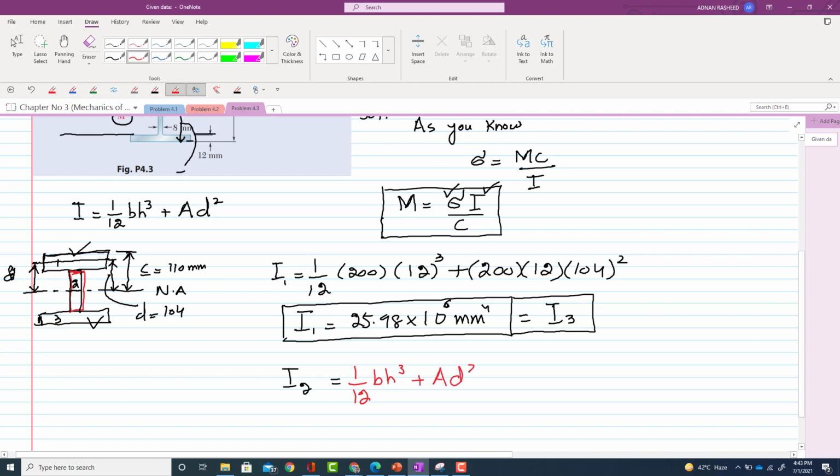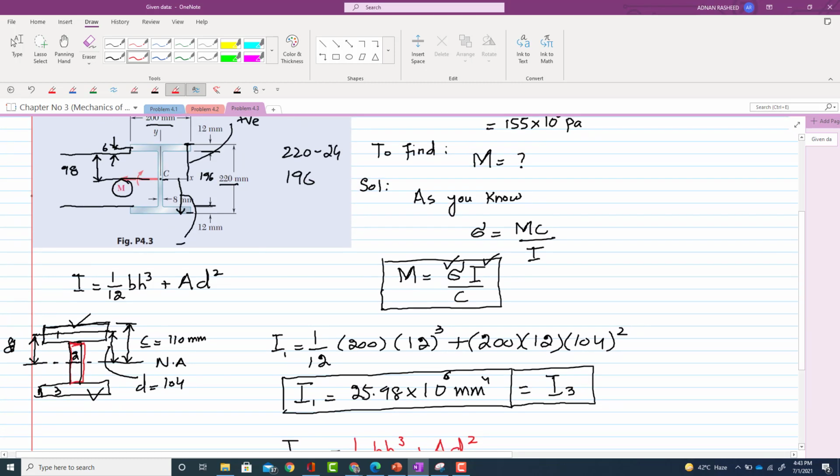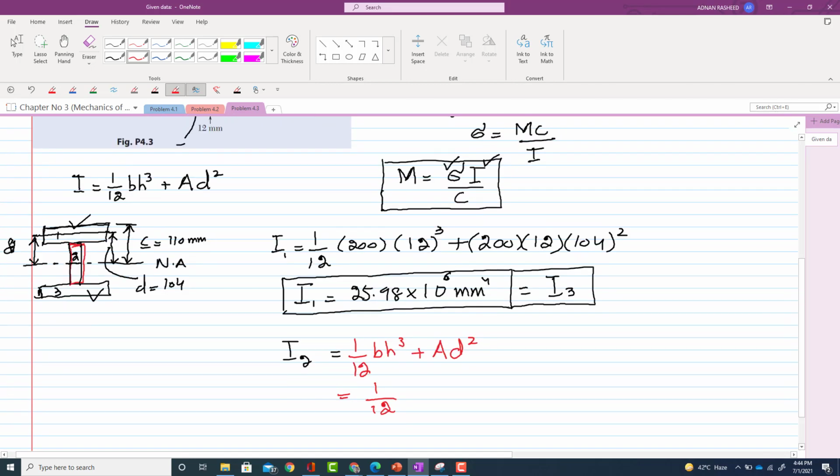The breadth, which is given above, is 8 mm. B is 8 and the height, which we calculated earlier, is 196. So the height will be 196 cube.